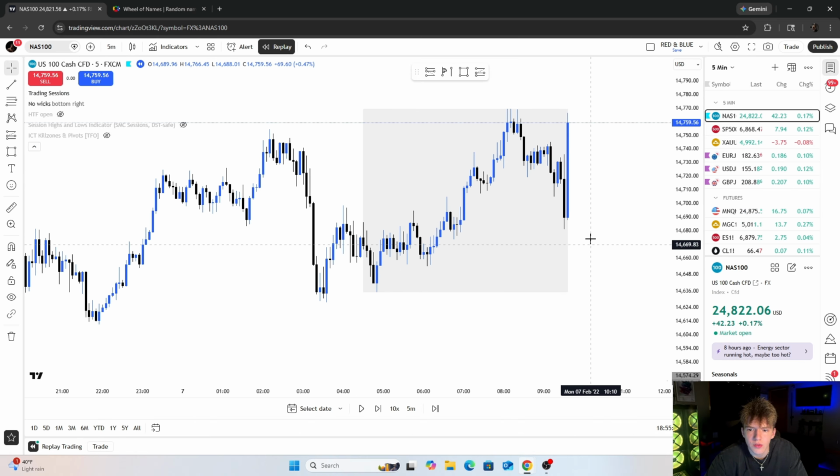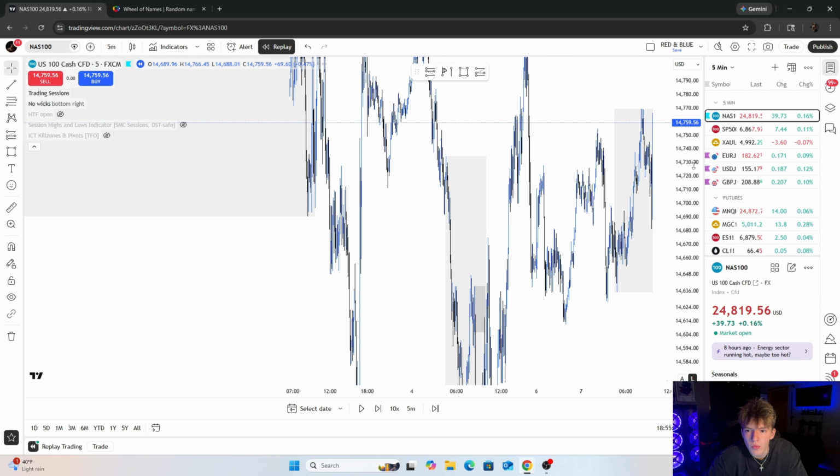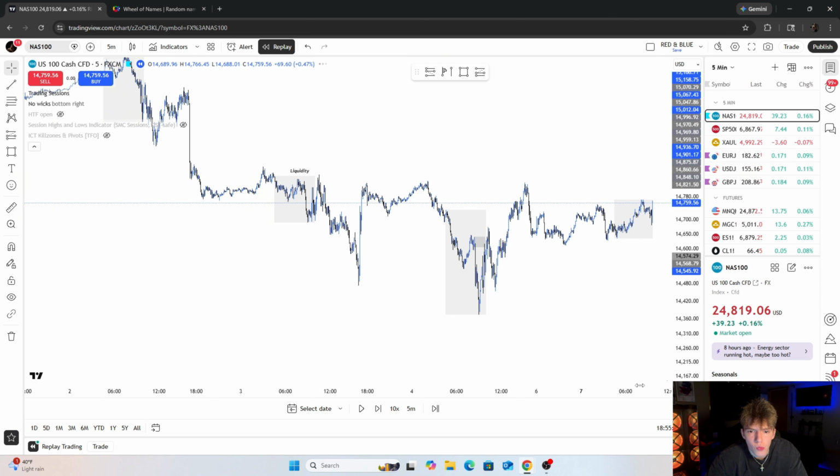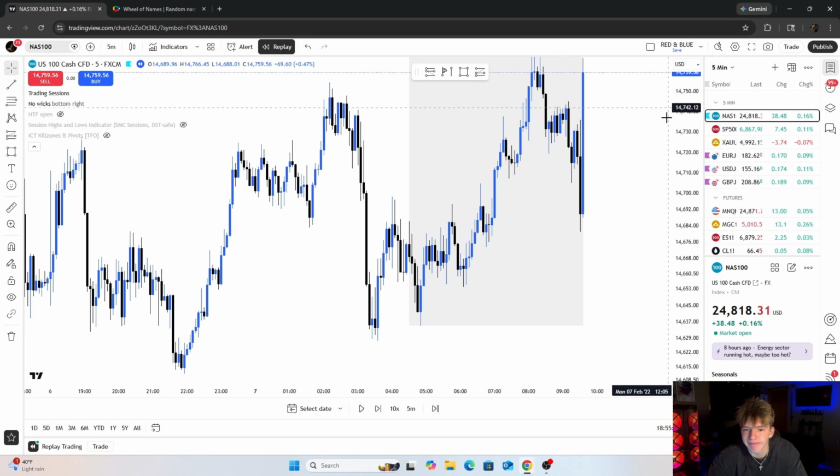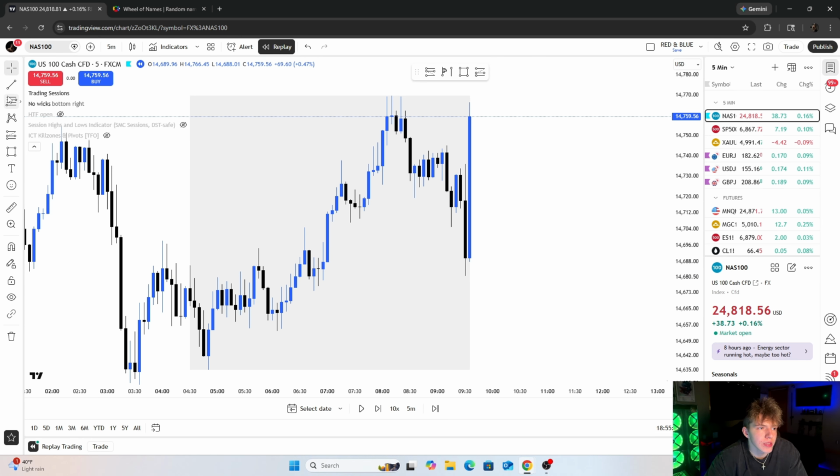Okay, let's talk about these setups. Of course, I went that candle too fast. Unfortunately, boys, that candle is going to tell you if you won or lost this trade. So that's totally my bad.